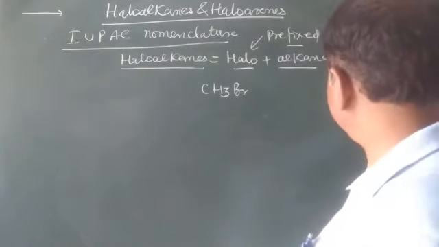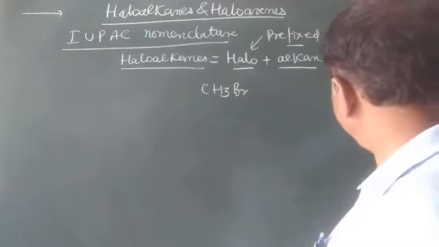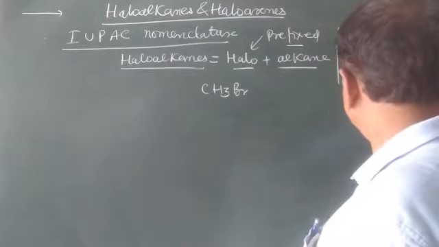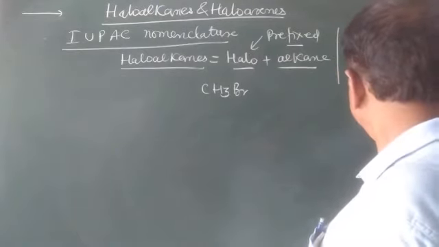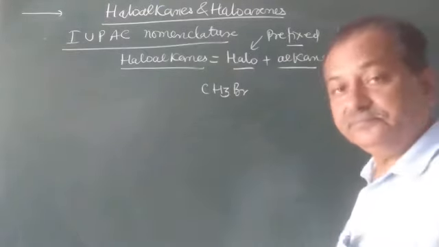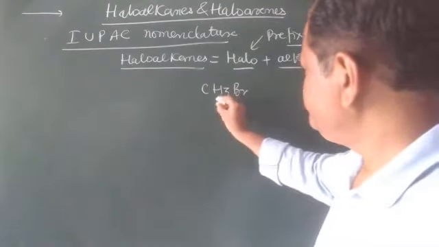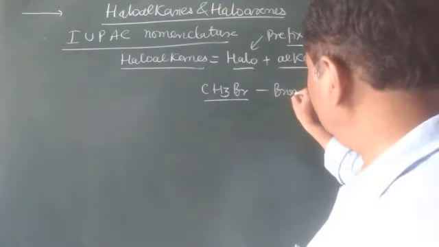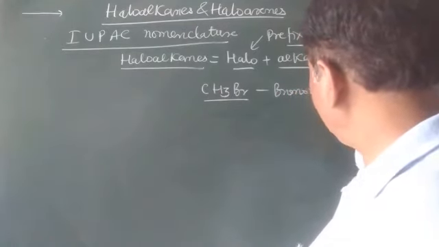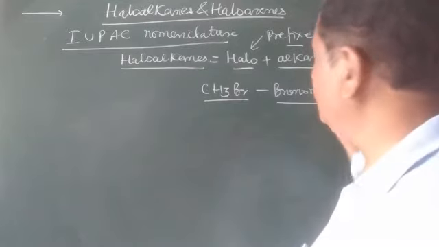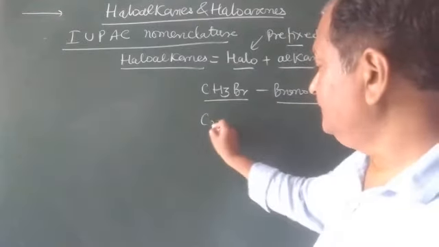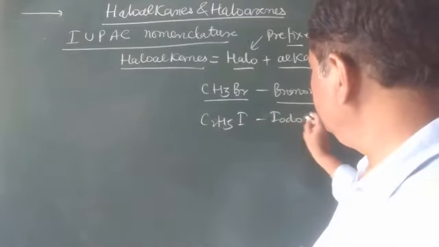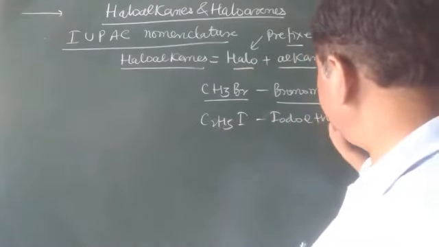Halo has less priority than carbon. So CH3Br will be bromomethane. If I write C2H5I, it will be iodoethane.